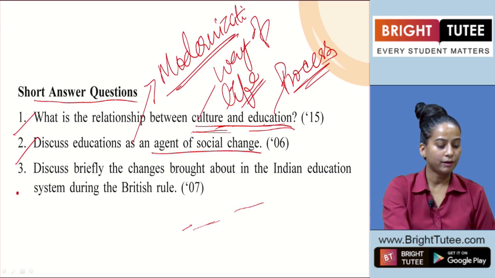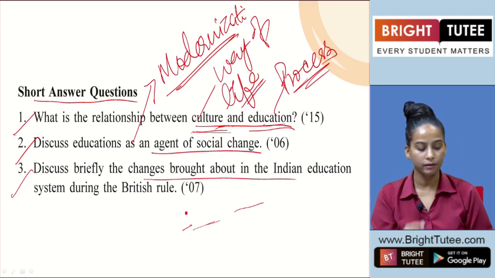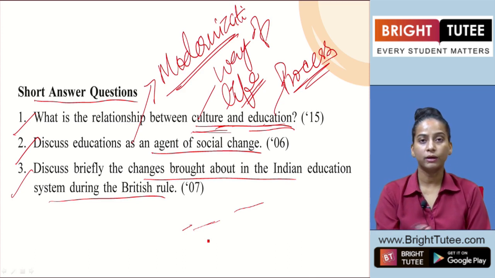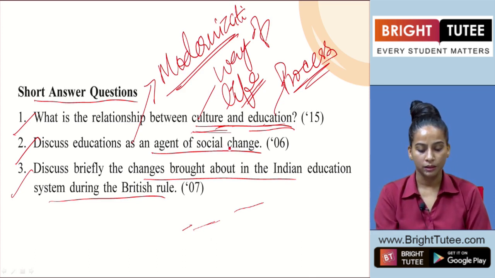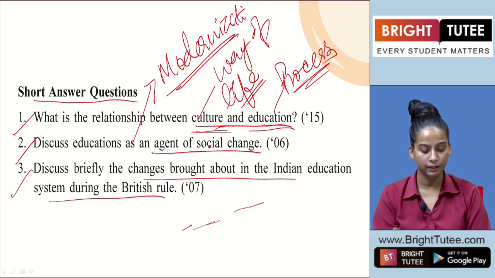The next one they have asked: discuss briefly the changes brought about in the Indian education system during British rule. So before that, we have to discuss how education was transmitted. It was transmitted through family members, through kin groups or society as a whole, through participation in the daily activities of life.